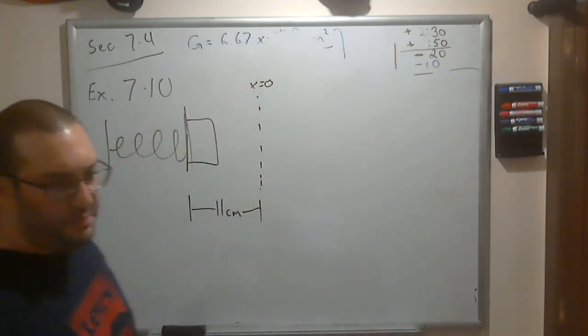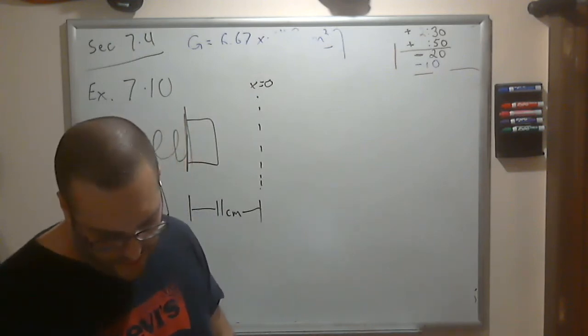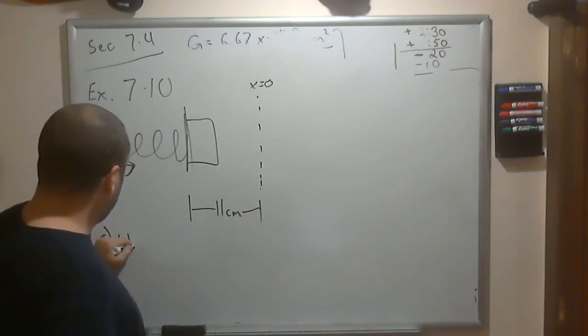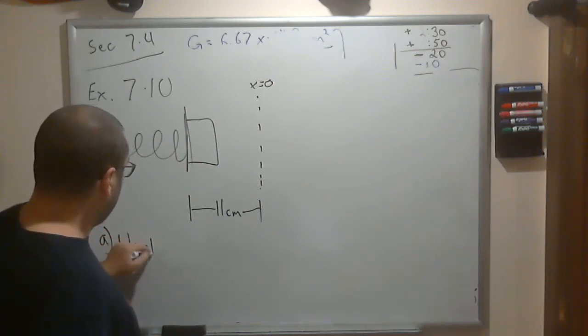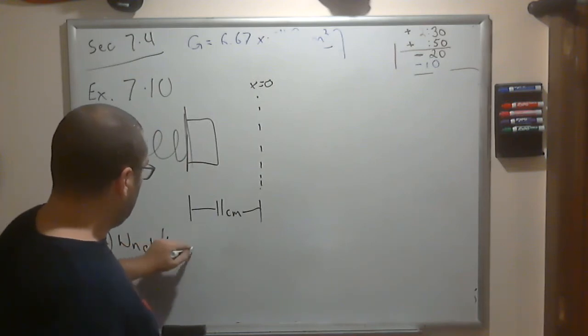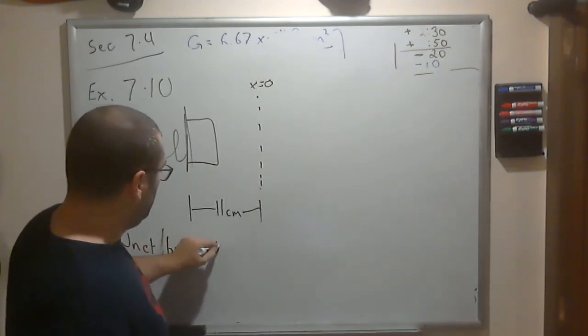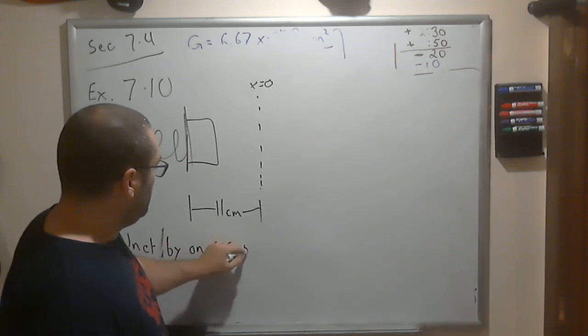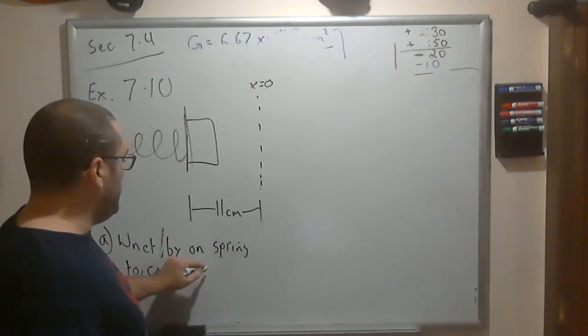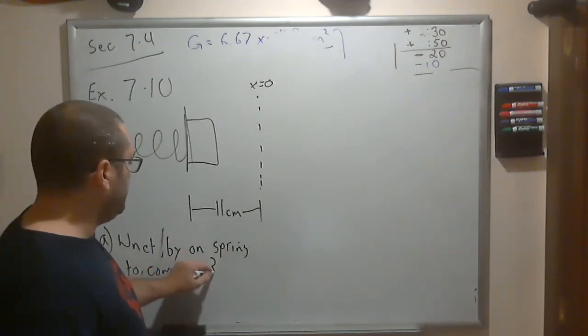That's its equilibrium position, and we compress it, right? Part A is, what is the net work done? What is the net work done on the spring to compress it?